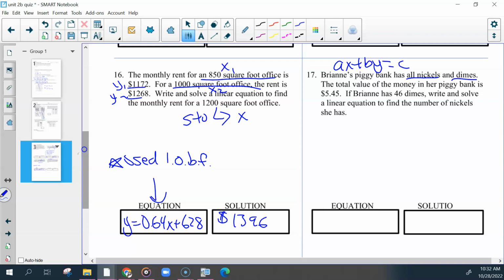Define your variables. C is always the total. A and B won't be given because it's assumed you know this information, what the nickels and dimes are worth. Make sure you're writing decimals and the correct decimals.